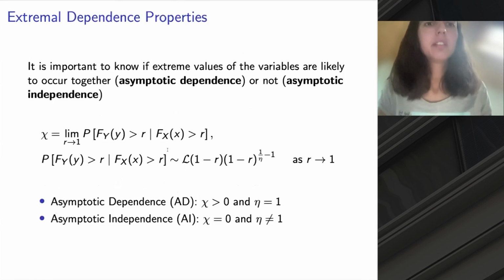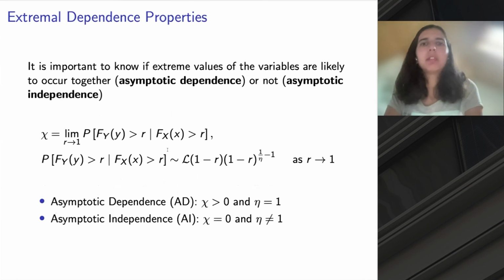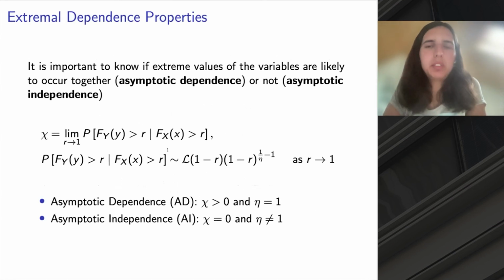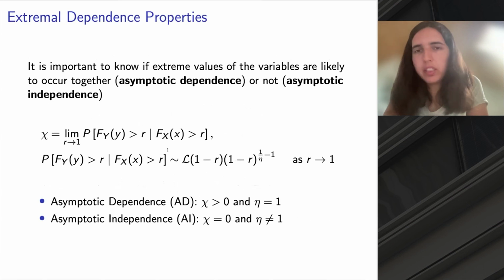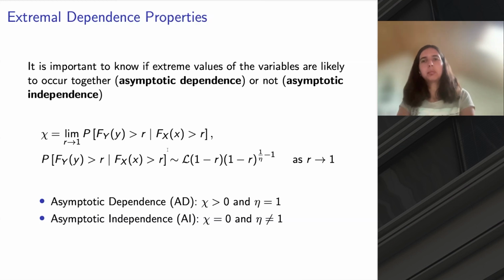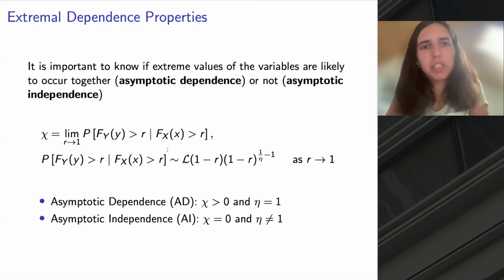We are also interested in checking the extremal behavior of the variables and the properties of the model. This was introduced yesterday in the last talk of the day, but we are interested in checking if the extreme values are likely to occur together. So if we have asymptotic dependence, or if they are not likely, at least two or more are not likely to occur together, to be extreme together, then we have asymptotic independence.